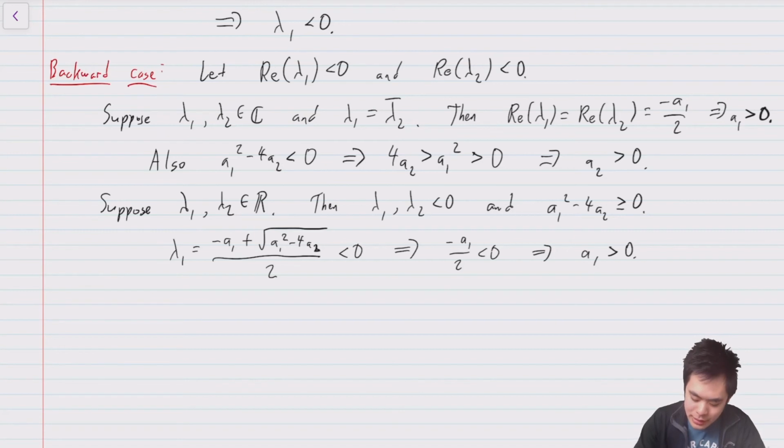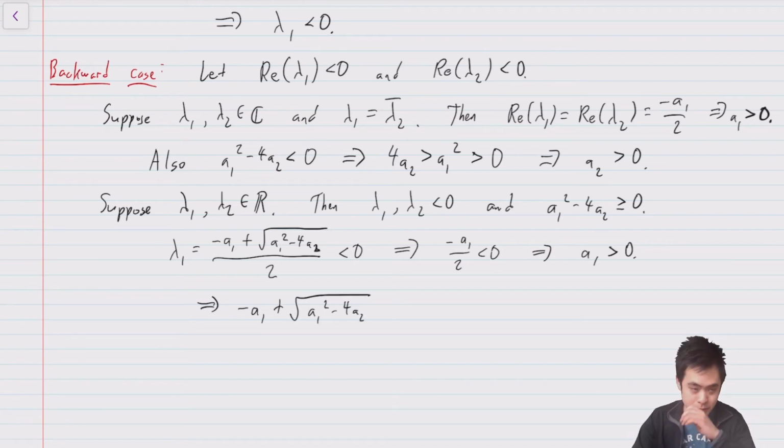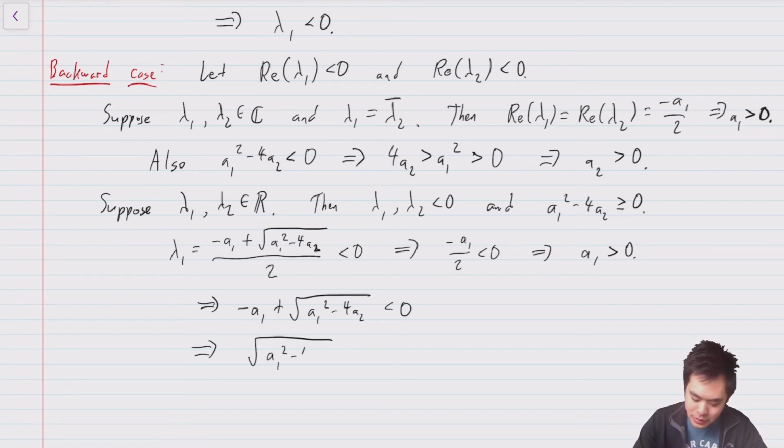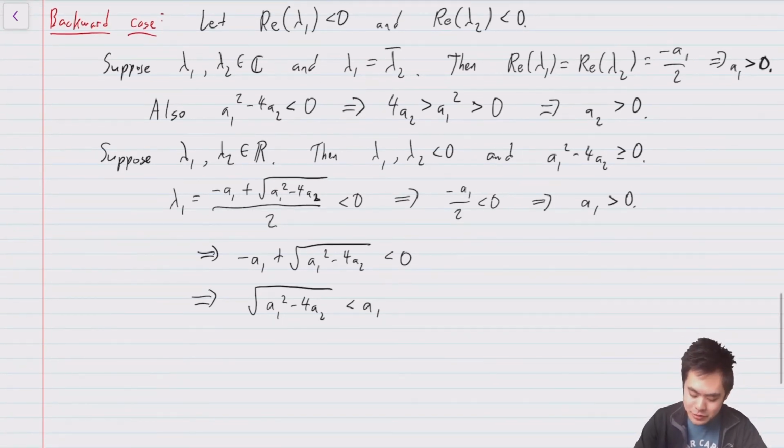Okay, and we also have, what else do we know? We also know that this implies that minus a1 plus the square root of a1 squared minus 4a2 is less than 0, right? That's just multiplying both sides by 2. But now we can rearrange this. So we end up getting the square root of a1 squared minus 4a2 is less than a1. And we square both sides.